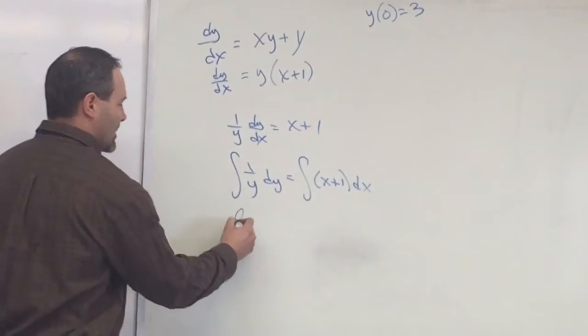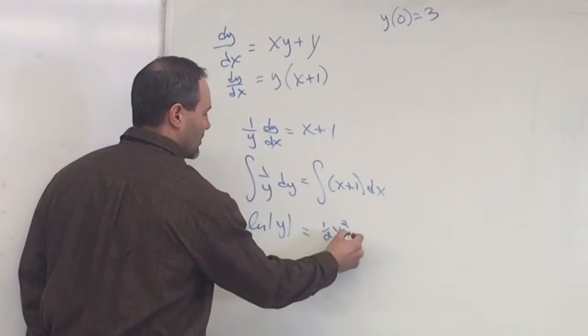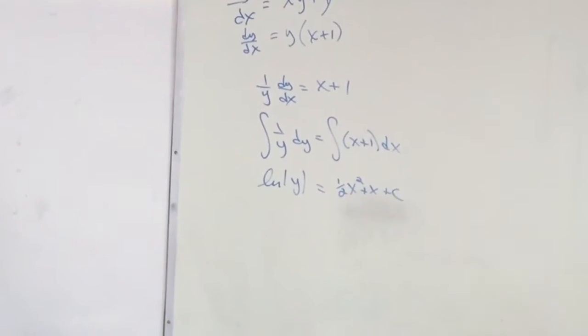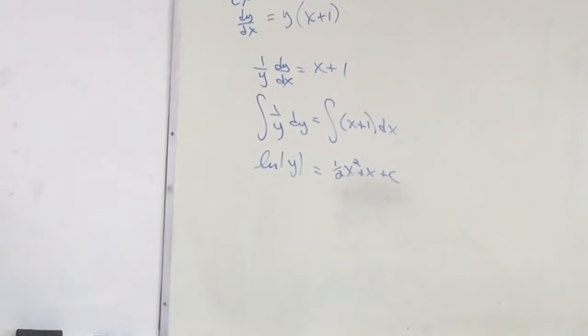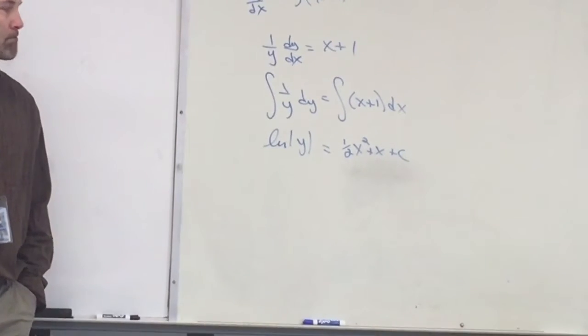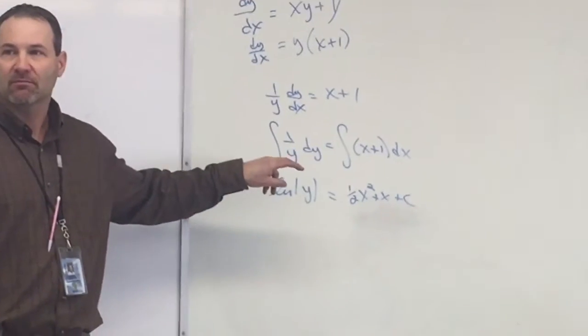So that's natural log absolute value of y equals 1/2 x squared plus x plus c. Why is that the absolute value? That's the definition of the antiderivative of 1 over y.